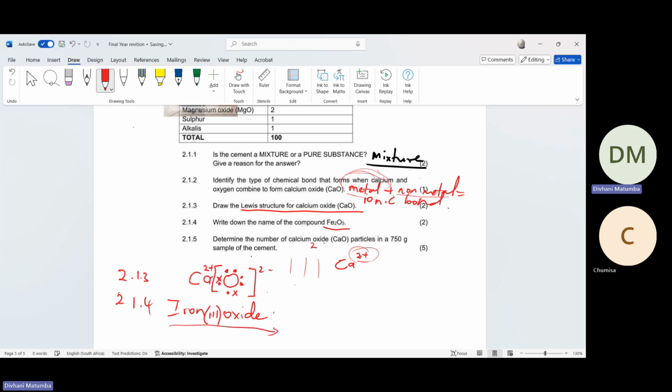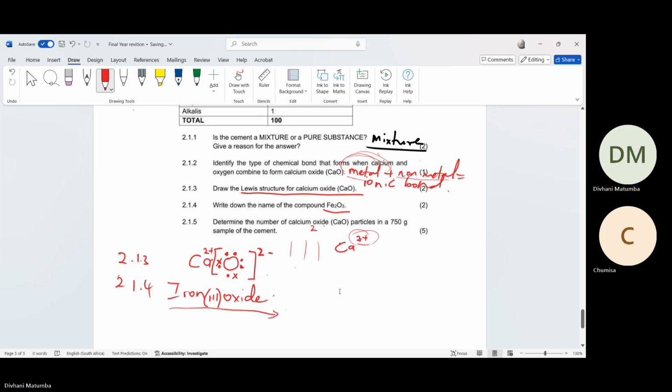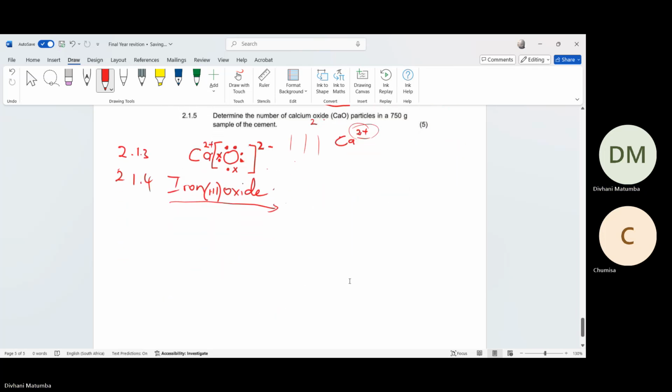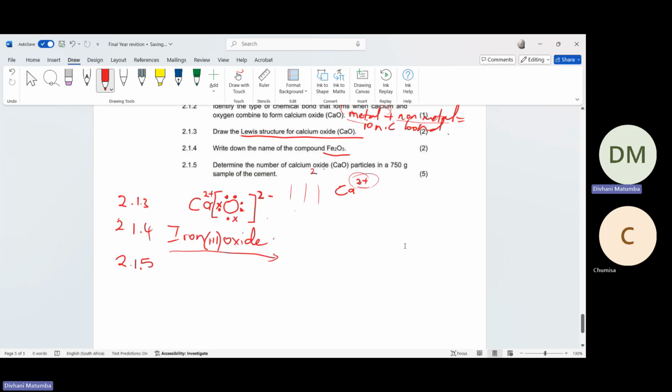Kumisa, are you still there? Kumisa? I think your network is bad a bit. Okay. The last question says, determine the number of calcium oxide particles in 750 gram sample of cement.